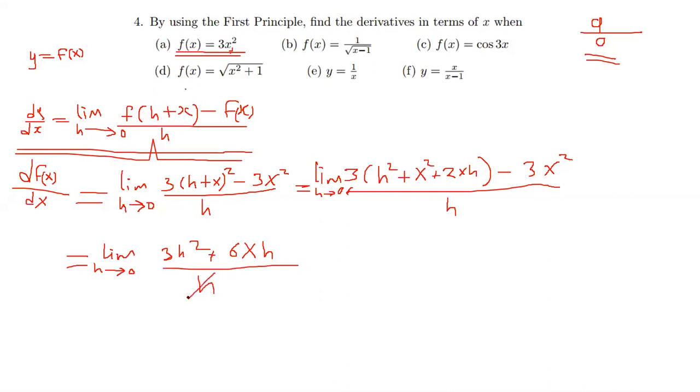Then we can see that this h is now cancelling with one h there, and then with that h. So in short, we're remaining with the limit, when h is approaching 0, of 3h plus 6x. So this is what we're going to remain with.